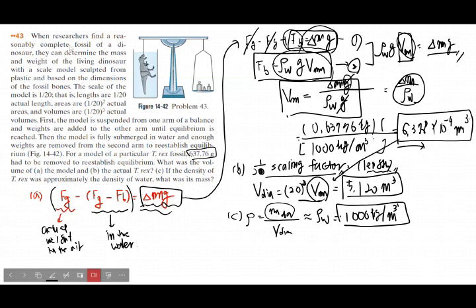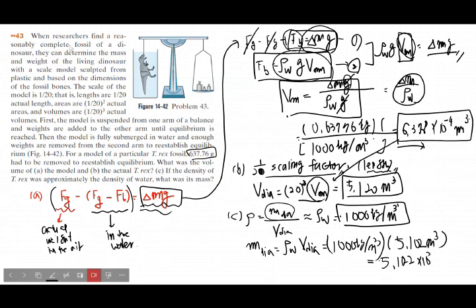So the mass of the dinosaur is the density of water times the volume of the dinosaur: 1,000 kilograms per cubic meter times 5.102 cubic meters. The total mass of this dinosaur is 5.102 times 10 to the 3 kilograms, about 5 tons. That's number C.